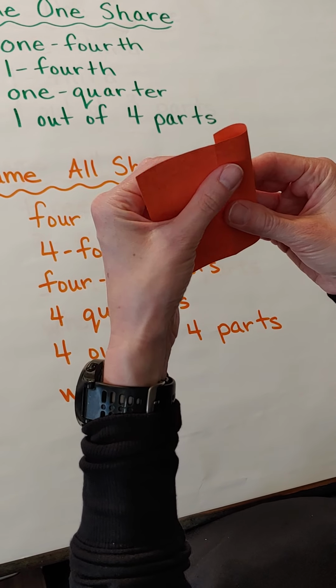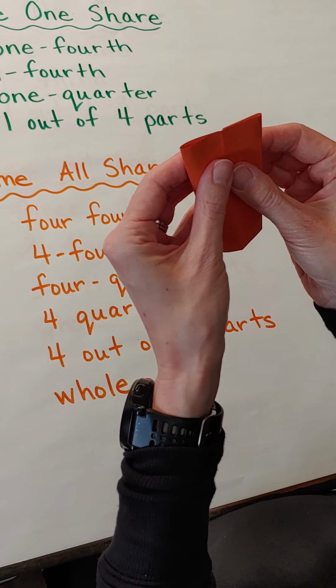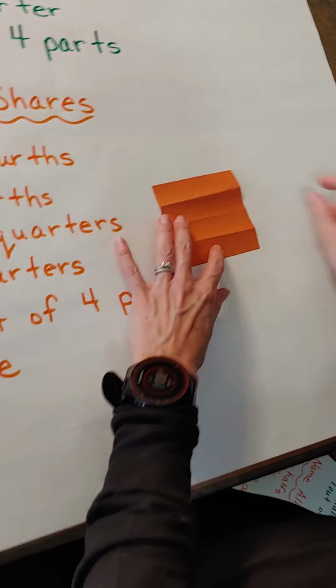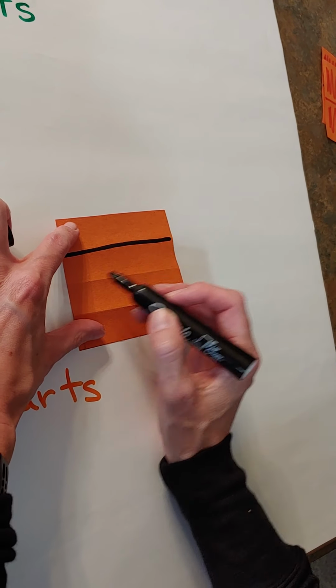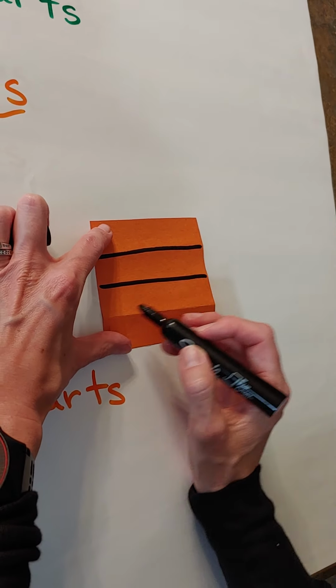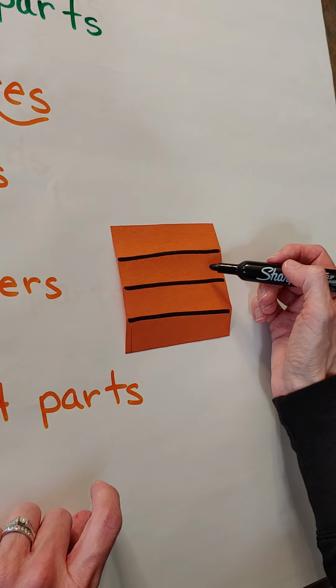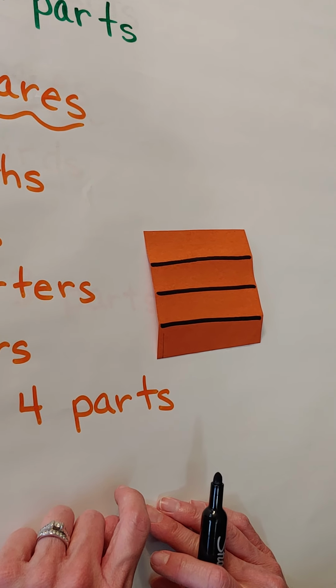But I could also fold it this way. Let's see. I could draw my lines there. I have 1, 2, 3, 4 equal shares.